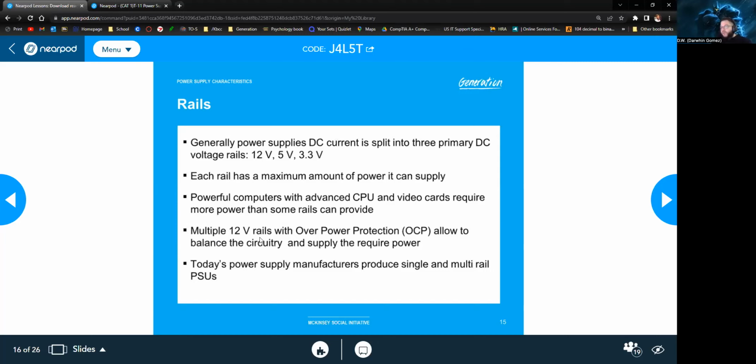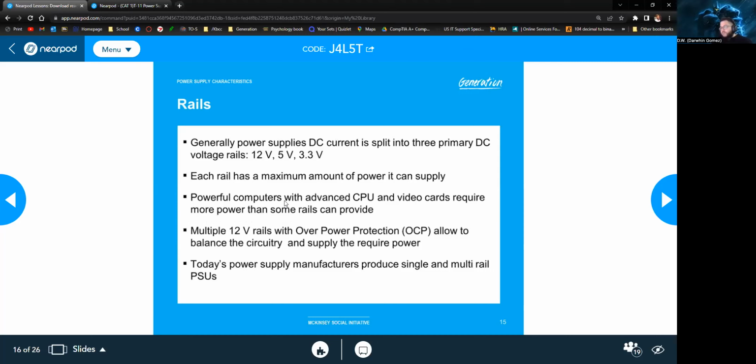So there are multiple 12-volt rails with over power protection to allow for balanced circuitry and to supply the required power. Basically, you have multiple 12-volt rails, which gives you balanced circuitry and the power required for the components.